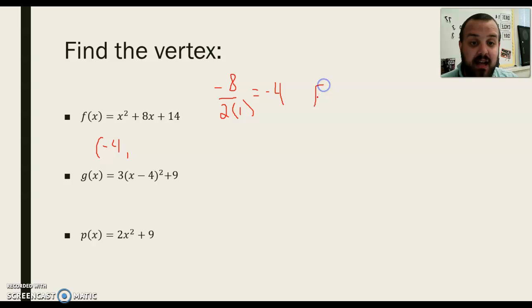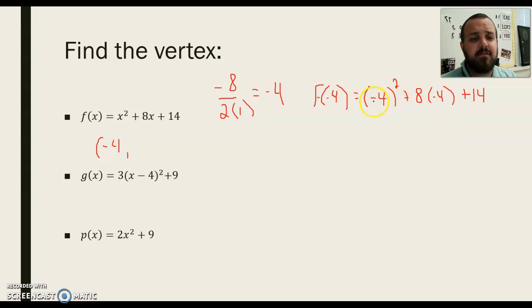So I'll do f of -4, which in this case would be -4 squared plus 8 times -4 plus 14. Okay?